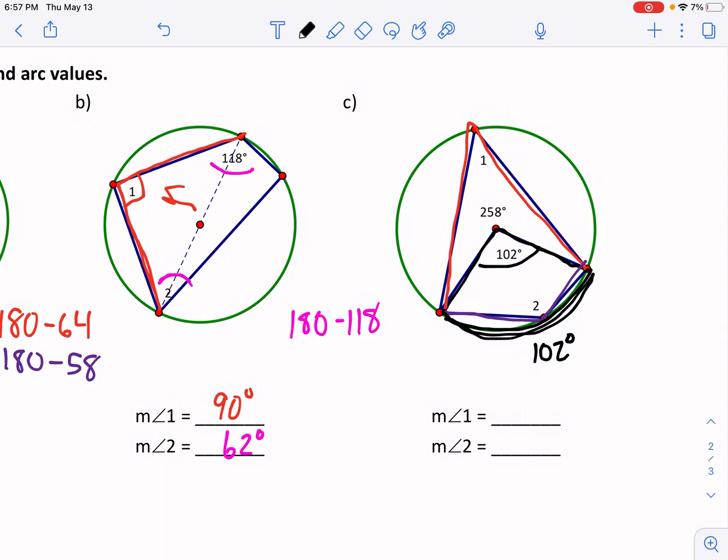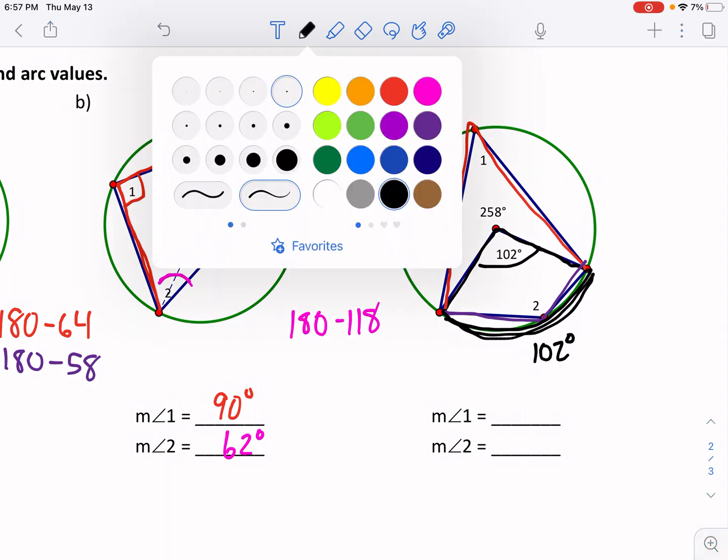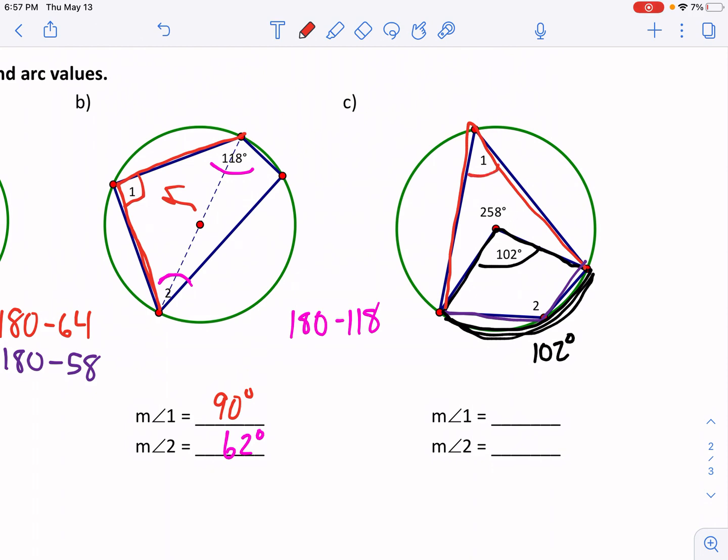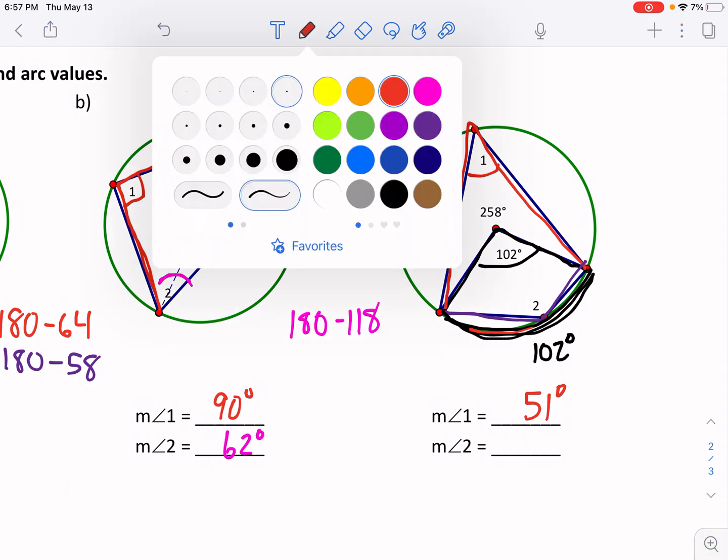So if I take 102 divided by 2, that's going to tell me what angle 1 is, because it's going to be half of what this guy is. So 102 divided by 2 gives me 51 degrees. So if I know that that's 102 degrees, then we don't even need this 258. We can just work it this way.